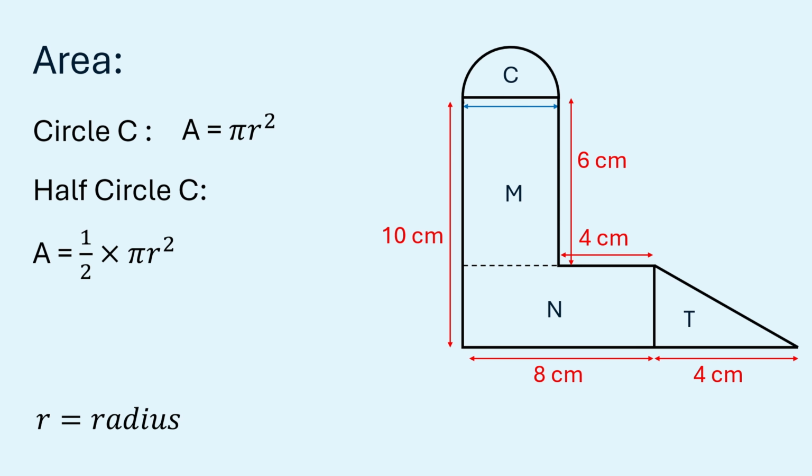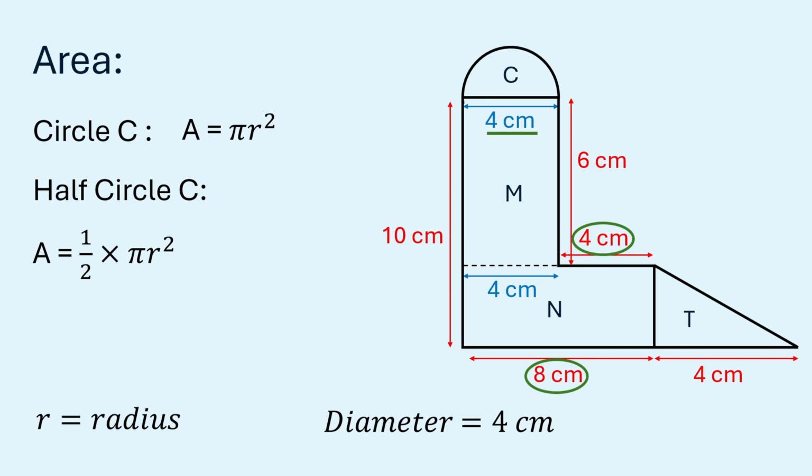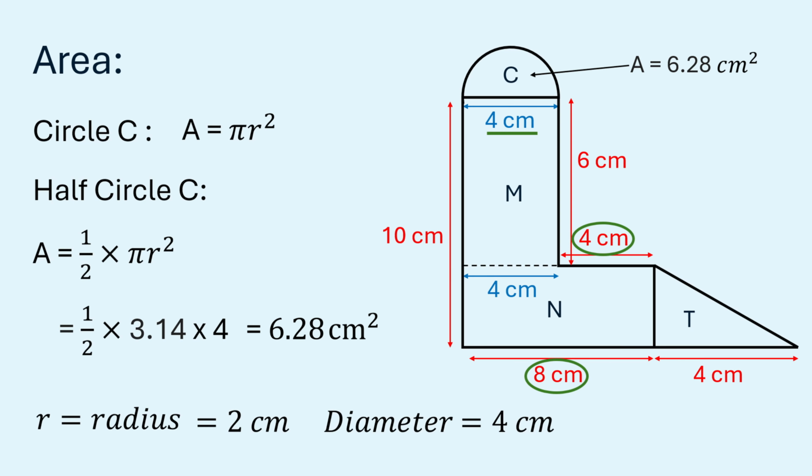We previously determined that the diameter of semicircle C equals the width of rectangle M. Rectangle N measures 8 centimeters. Removing 4 centimeters leaves 4 centimeters as the diameter. The radius r is 2 centimeters. Plugging into the semicircle area formula gives A is equal to 1 divided by 2 times 3.14 times 4. Therefore, A is equal to 6.28 square centimeters.